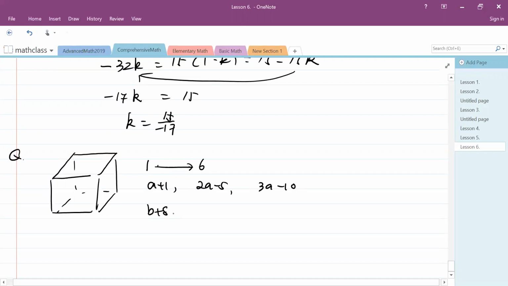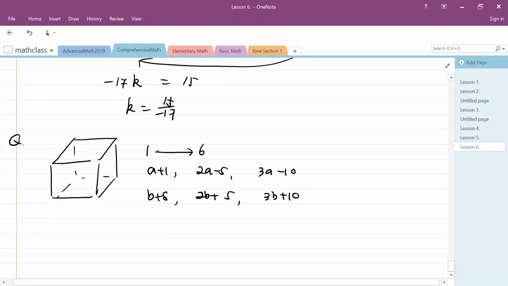We also have b plus 8, 2b plus 5, 3b plus 10. So we're trying to find out the values of a and b. Find the a and the b.